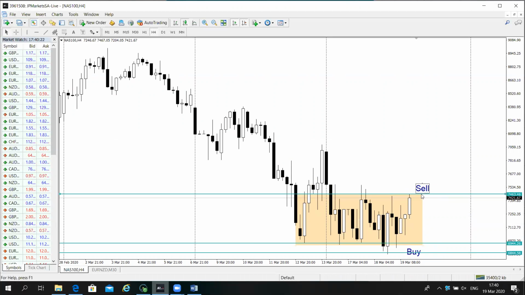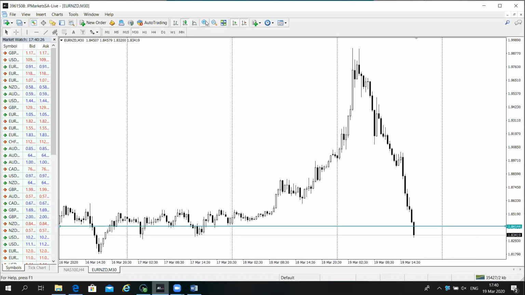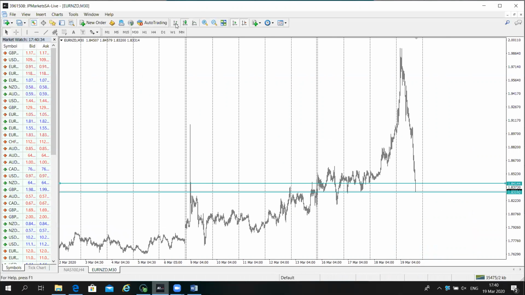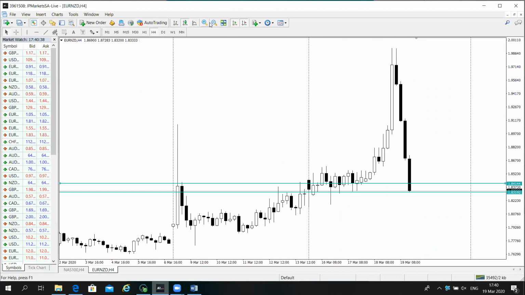So you just need to be careful of how you see the market. Look at this trade. It's still pushing, and it's breaking the low of the day. But take profit and move away because you're safe.